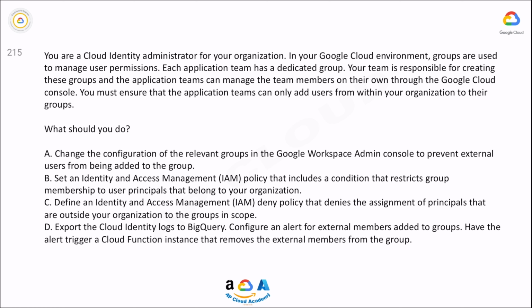C. Define an Identity and Access Management (IAM) deny policy that denies the assignment of principals that are outside your organization to the groups in scope. D. Export the Cloud Identity logs to BigQuery. Configure an alert for external members added to groups. Have the alert trigger a Cloud Function instance that removes the external members from the group.